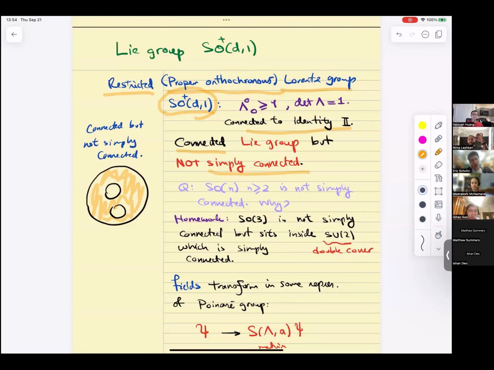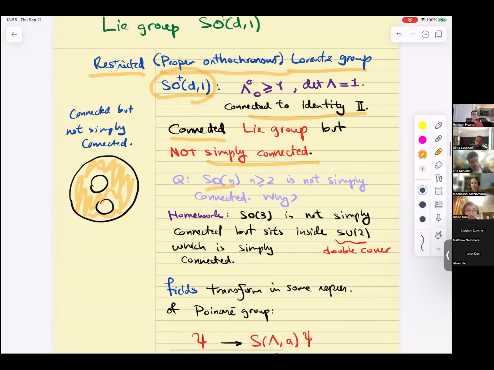Simply connected means that every loop could be shrunk to a point. So for example, a sphere is simply connected because every loop could be shrunk to a point. Importantly, the group that we care a lot about is the rotation group. And the rotation group, SON, for n larger or equal to 2, is not simply connected. This is literally the origin of spinors, the fact that SON is connected but not simply connected.